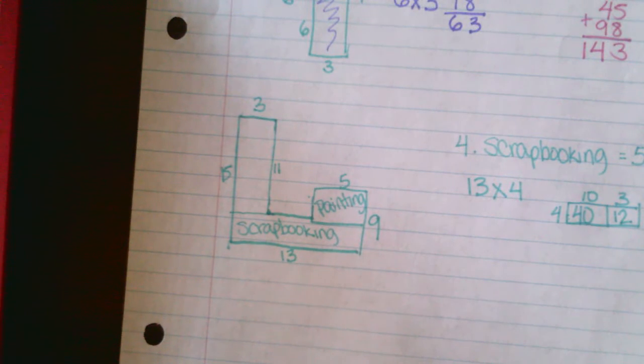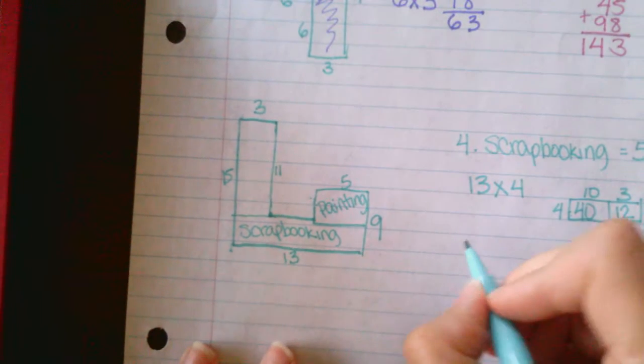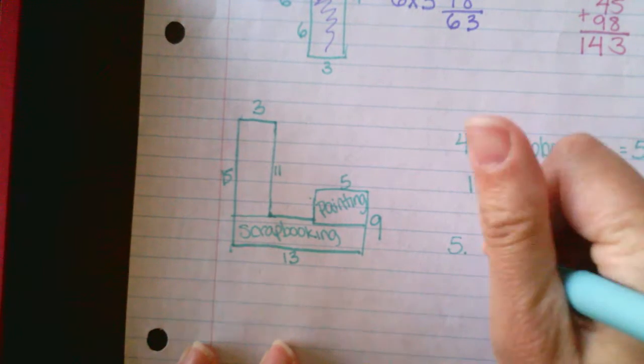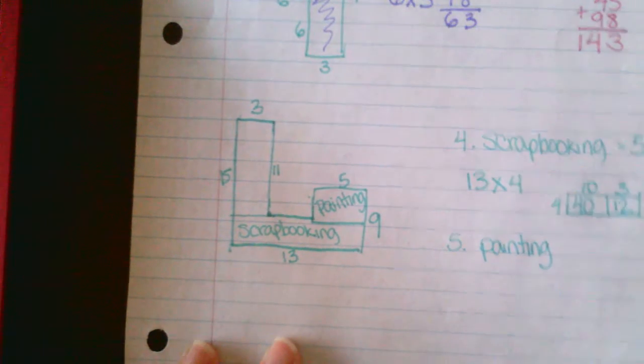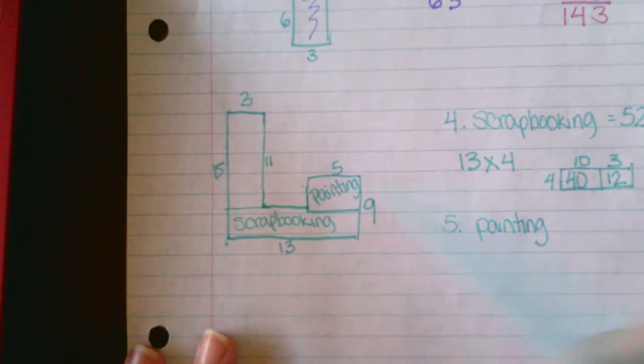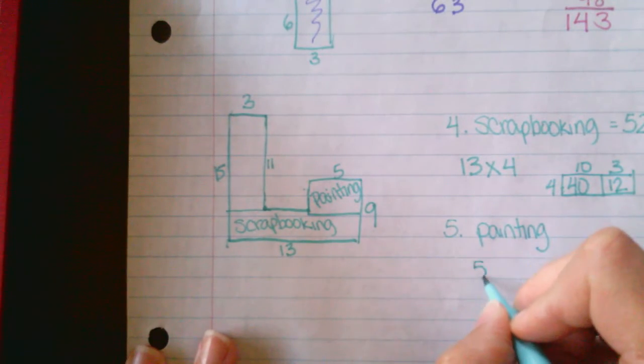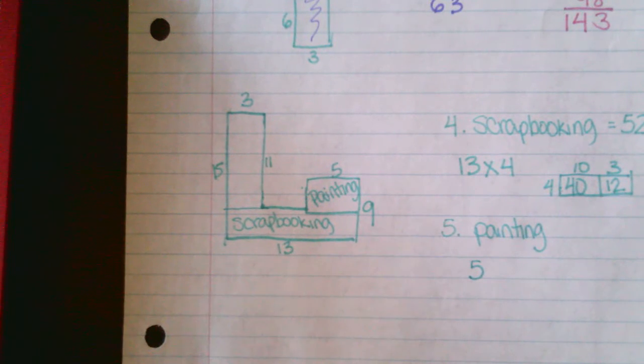Okay, and then we're looking for number 5, which is our painting room. So our painting, we can see that we have a 5, but we have to figure out how we get the other one.